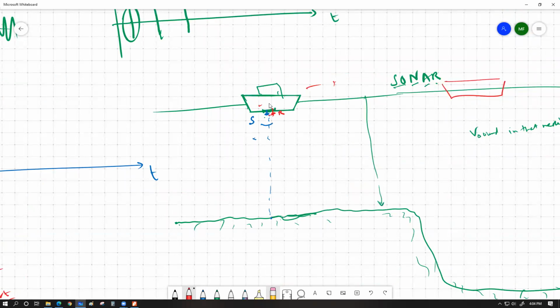One send pulse is going to take a significantly longer time to hit the bottom of the sea and eventually come back to the ship. So this is going to cost us a much longer time.